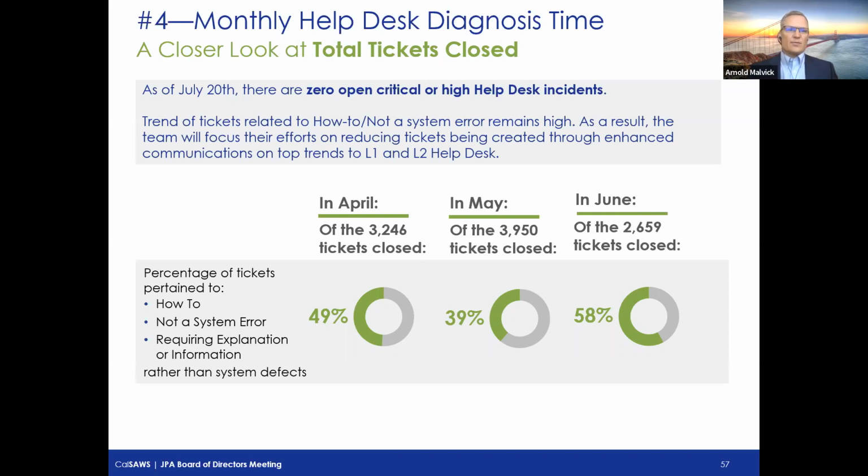We are continuing to review those and enhance the communications, either through CIT, flashes, updated training docs, or small videos, to get the trends of the larger issues out to the end users so that we can answer the questions before they have to go through the process of opening a ticket, going to the service desk or the tier 3. We still saw 58% of the tickets in June fall into that category.